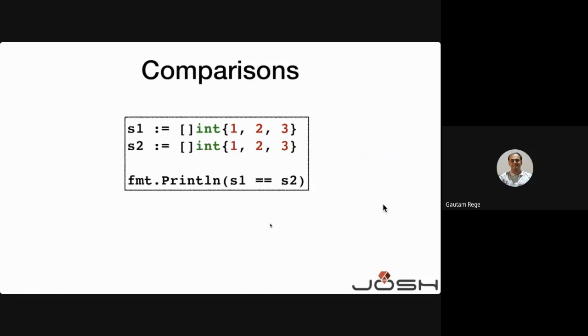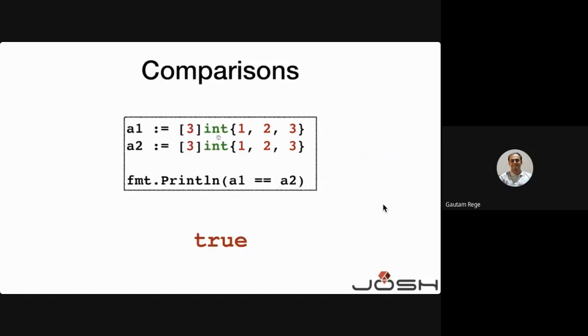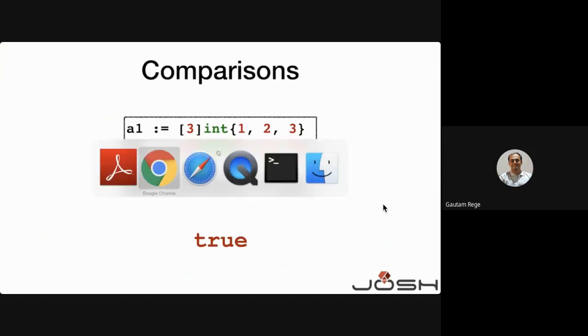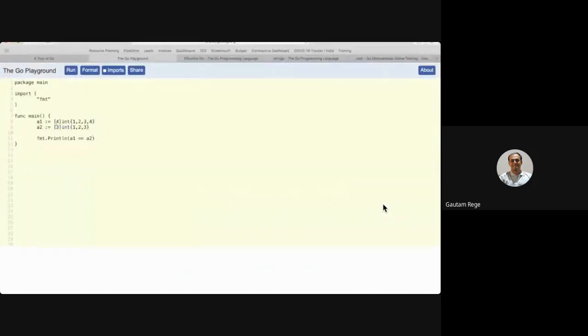So arrays are fixed. In arrays, the struct does not have a capacity, it has only a length. So in this particular case, the array says that it's of type integer of size 3. And as I was showing here in the code, these two arrays are different types.